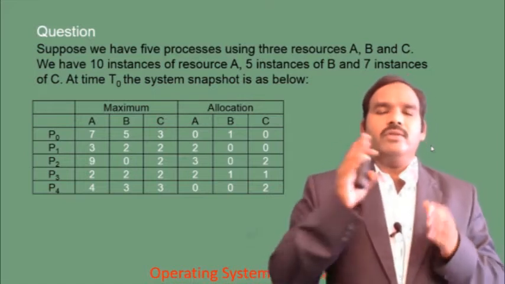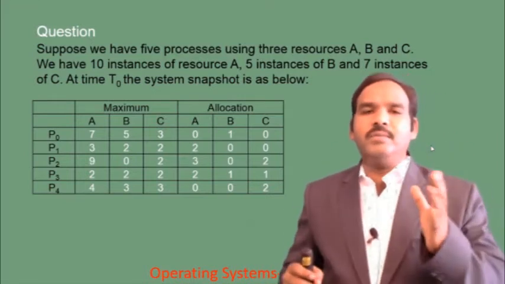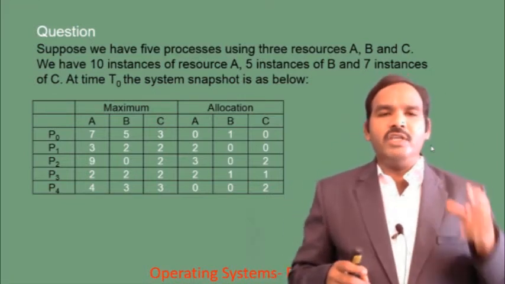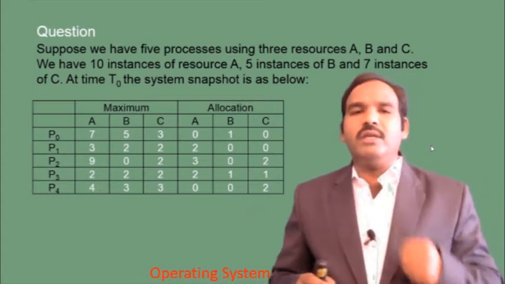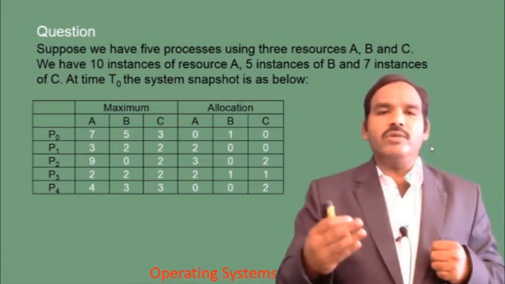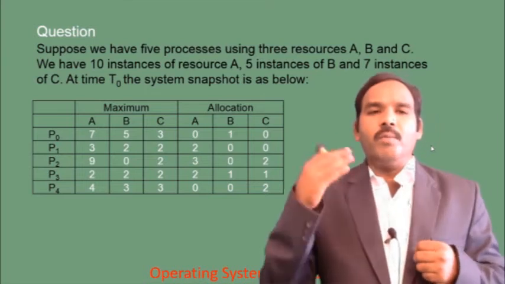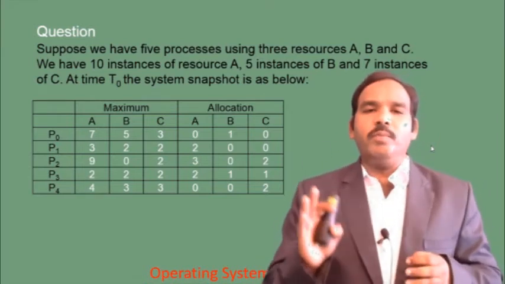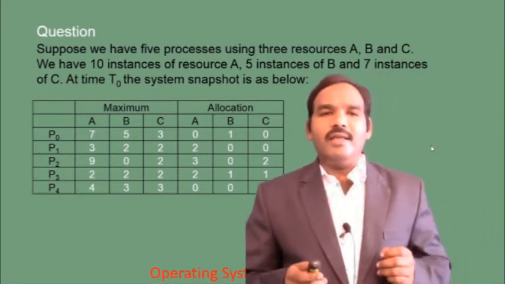Like that, they have given the maximum requirement of each process to complete its execution and how many instances of each resource are already allocated to processes P0 to P4. This is the data they have given.